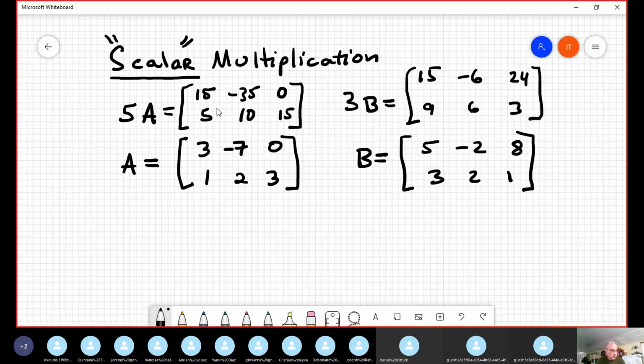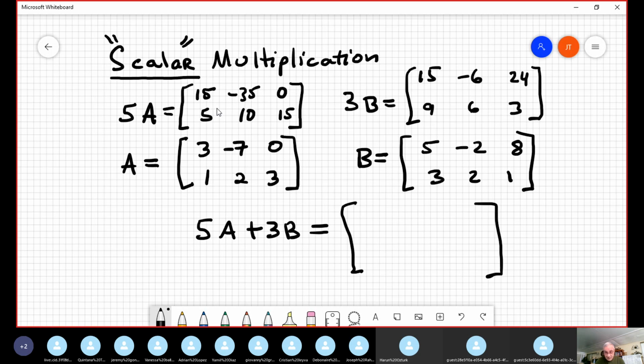Suppose in the test I ask you, compute 5A plus 3B. In this case, we have 2 multiplications by a scalar that we did before. And finally, to complete the final answer, I add this matrix plus this matrix. So 15 plus 15 is 30.